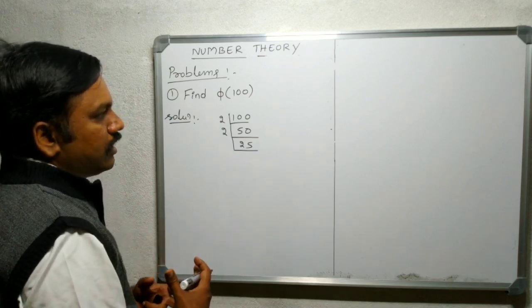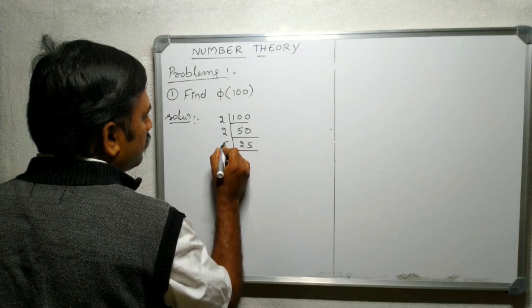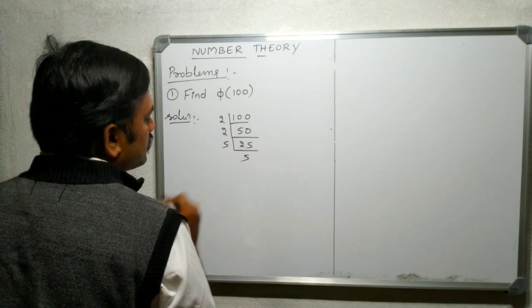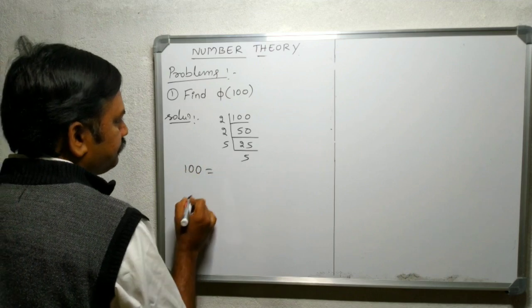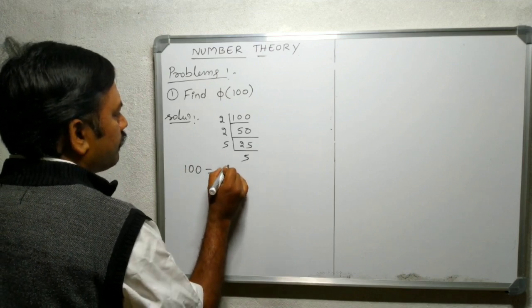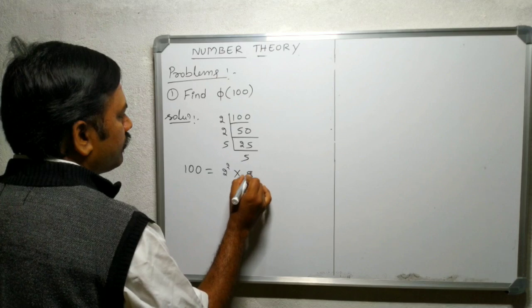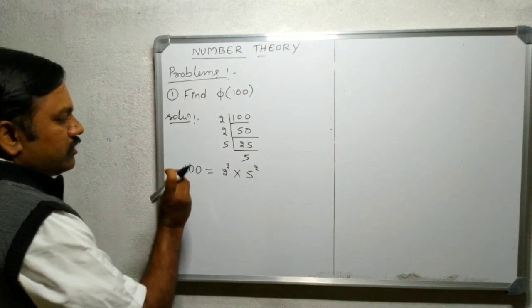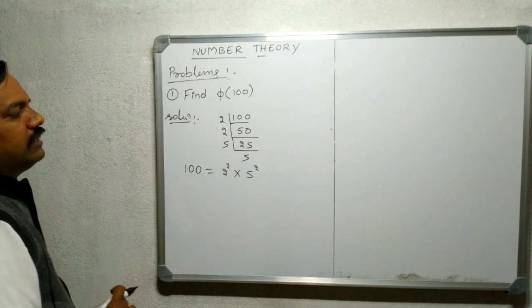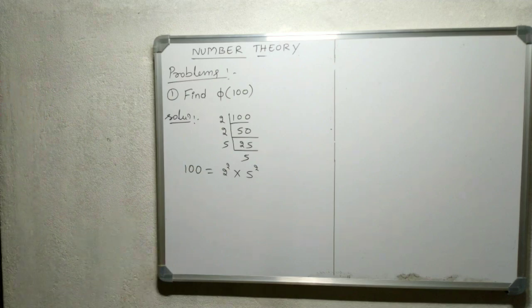Next prime number is 5. Clearly noted, 5 divides 25. So 5 5s are 25. Thus this 100 can be written as 2 to the power of 2 into 5 to the power of 2. This is the prime factorization. So this 100 is represented as a prime factorization.